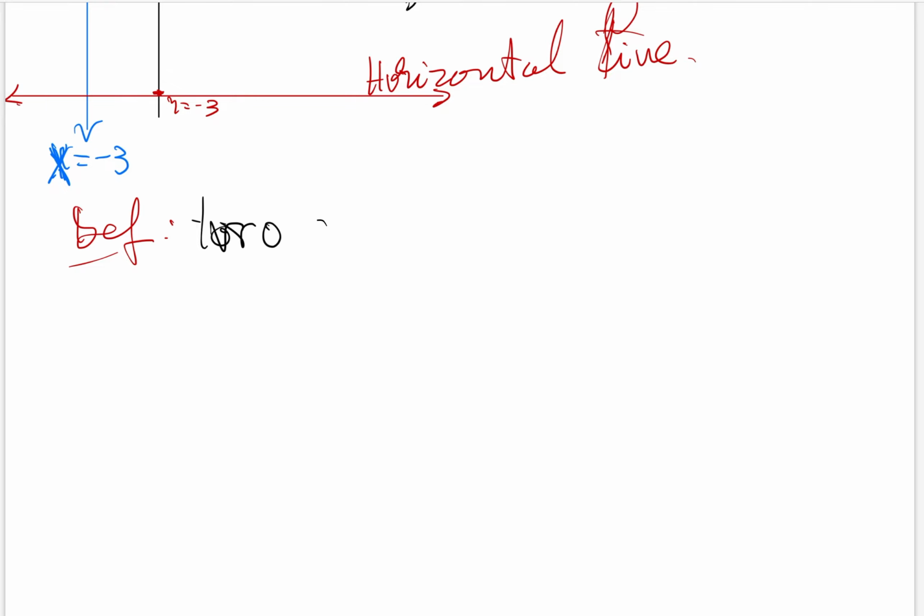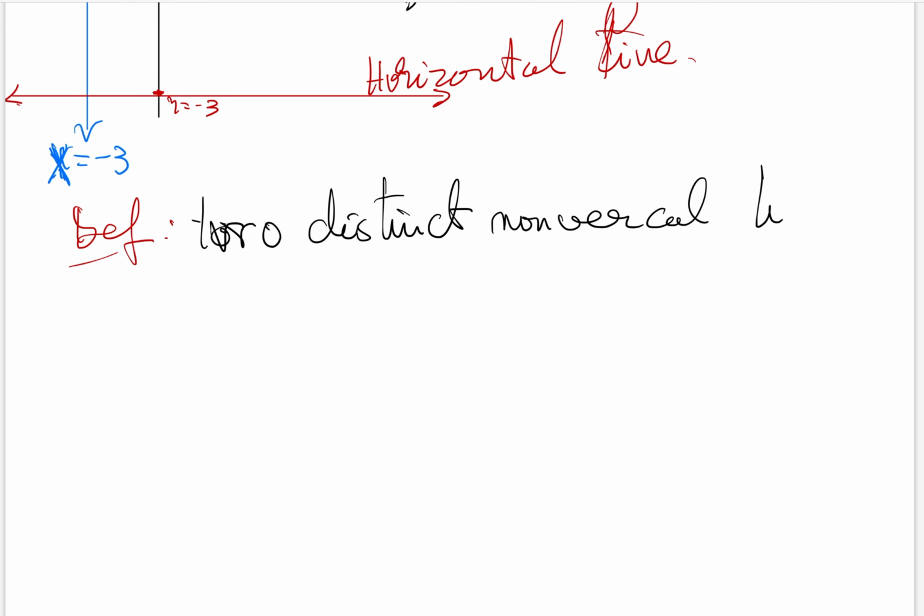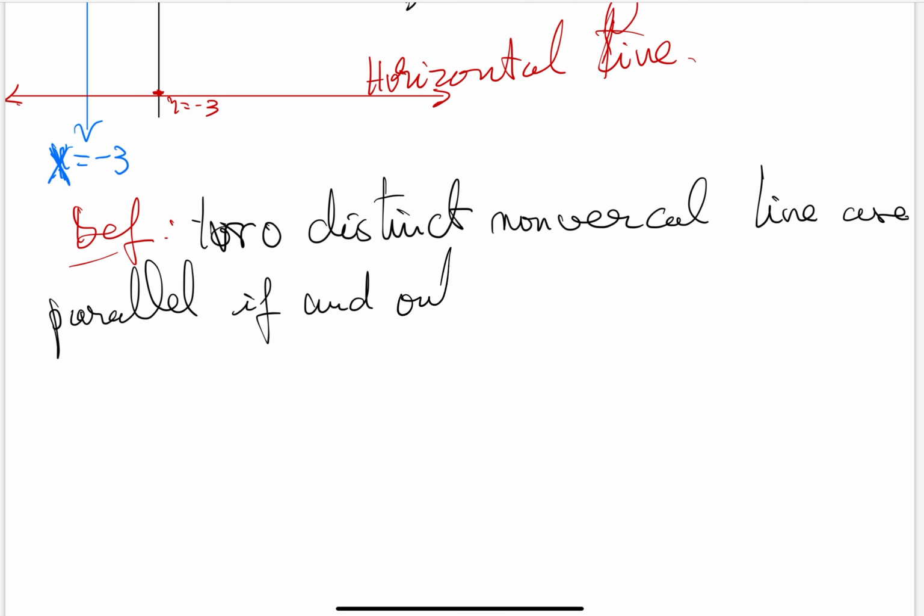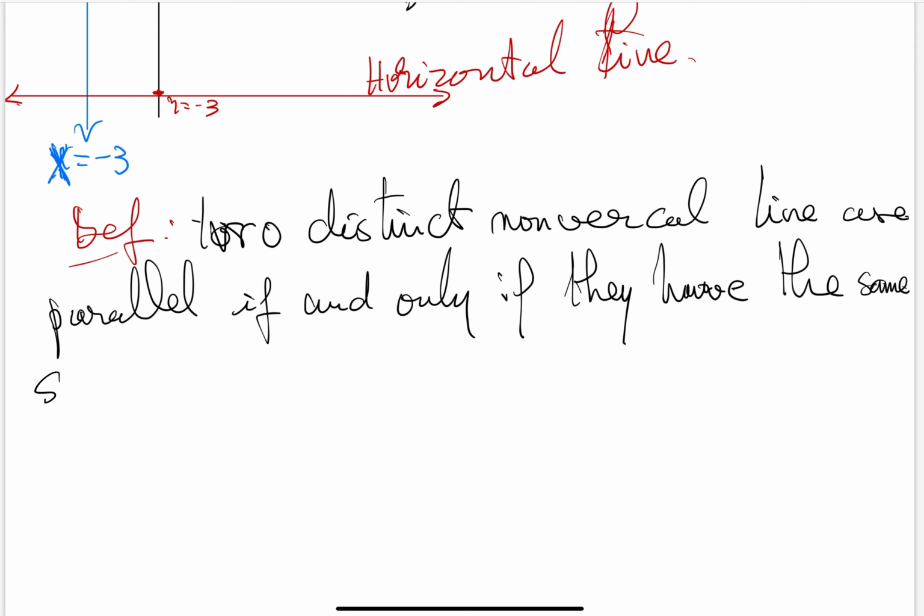If you have two distinct non-vertical lines, they are parallel if and only if they have the same slope.